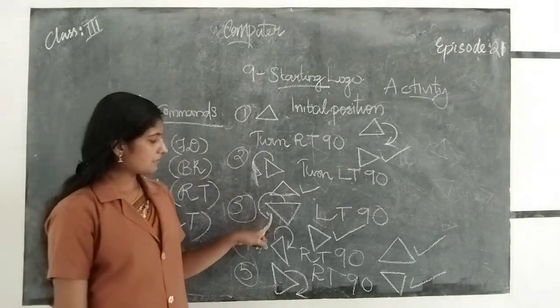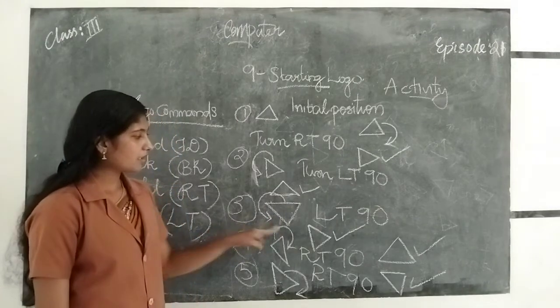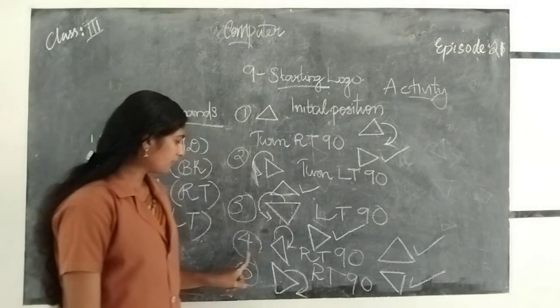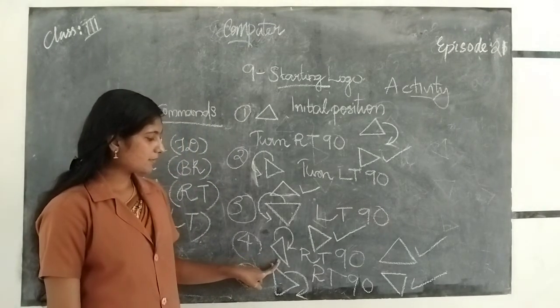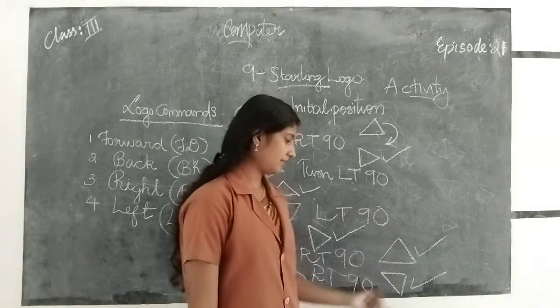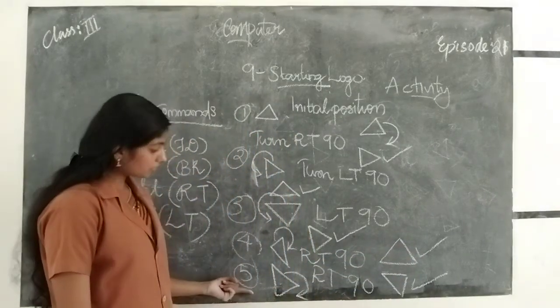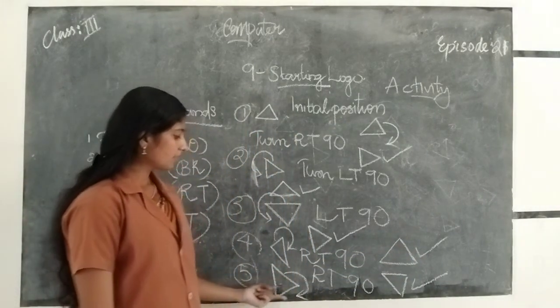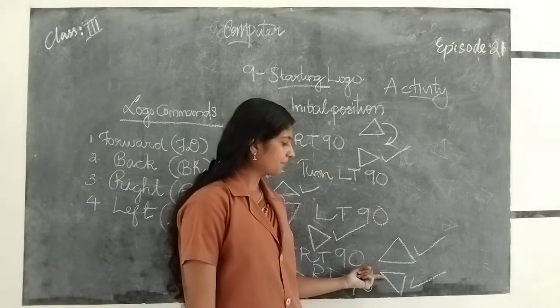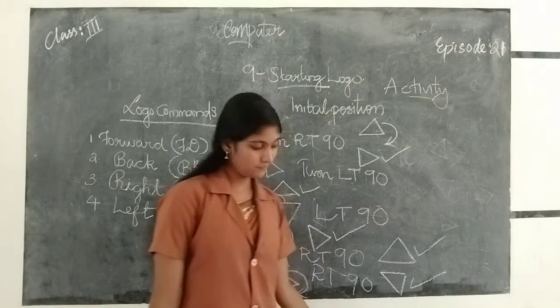Third question, the initial position is here and after applying LT90 the result is here. And the fourth one, this is the initial position, then applying RT90 it will become like this. And the fifth, here is the initial position and applying RT90 it will become like this.